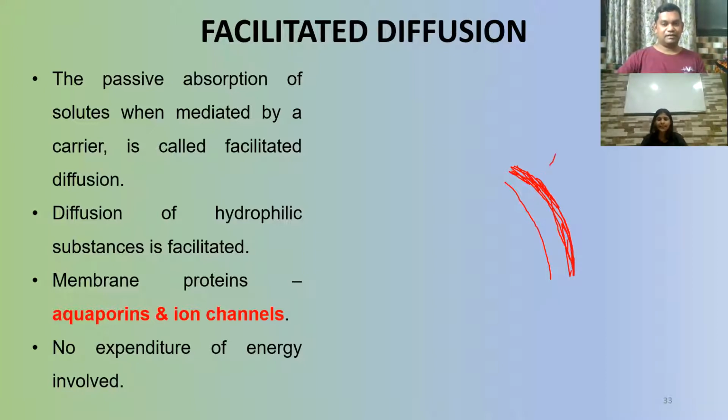Any molecules can easily come across it. But when it comes to the plasma membrane, that is a living layer, so ions and molecules will be selectively allowed to enter or move out of the plasma membrane.